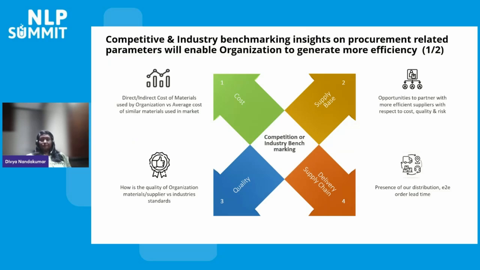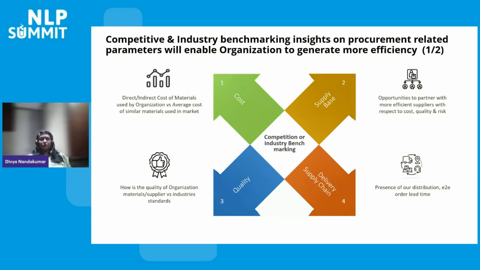So, competitor analysis for a procurement team involves evaluating the procurement strategies, practices, and performance of rival organizations. The goal is to identify the strengths and weaknesses in the competitor supply chain operations, to help an organization optimize its procurement process.